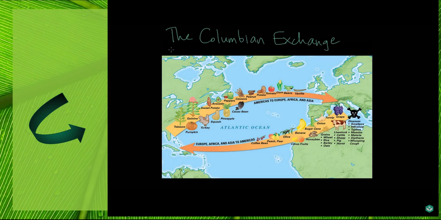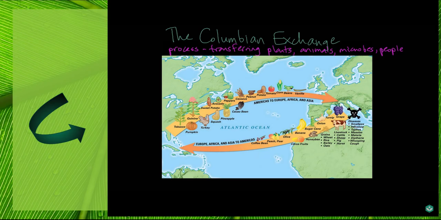This is a process of transferring plants, animals, microbes, and people across the Atlantic in both directions. And not just trading these goods, but transplanting them from Europe and Africa into the Americas and the other way around.